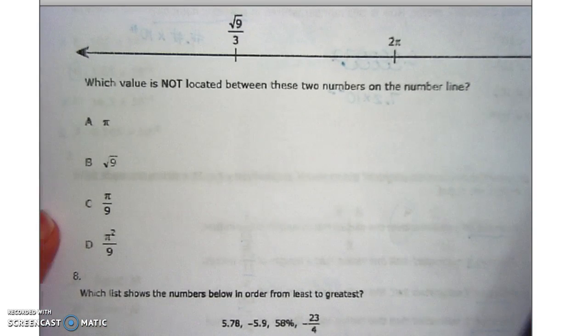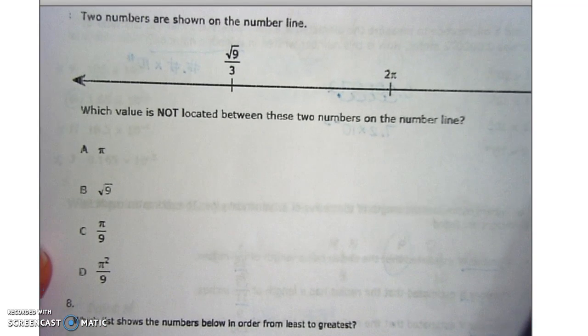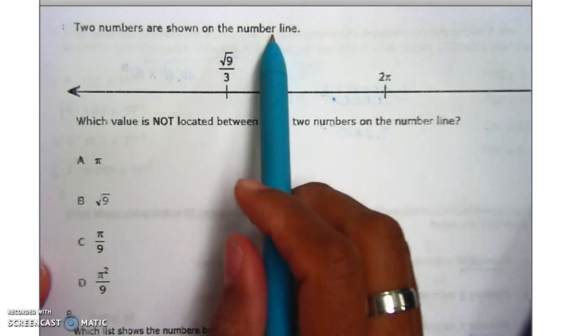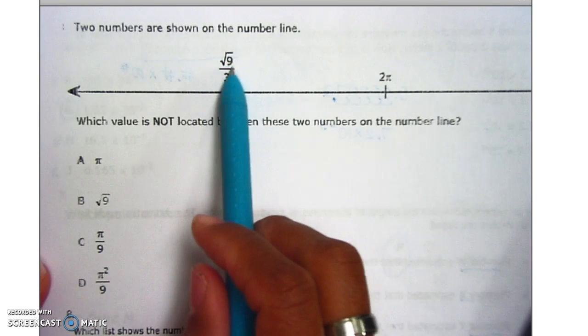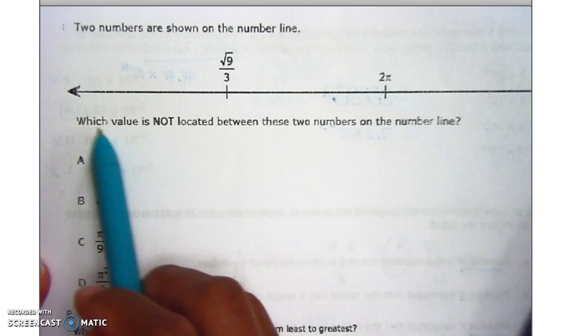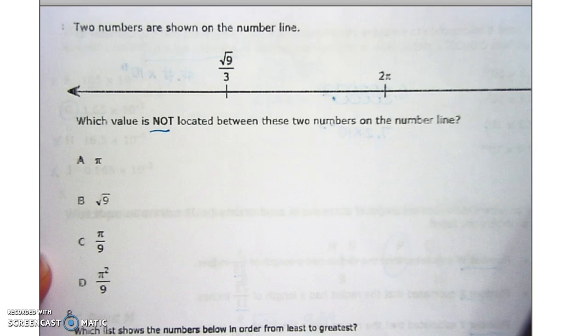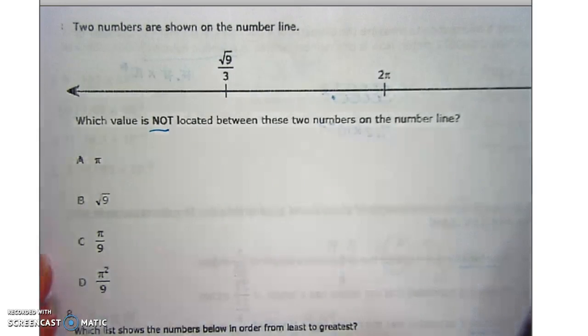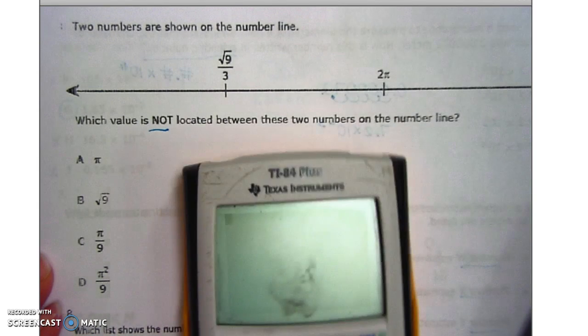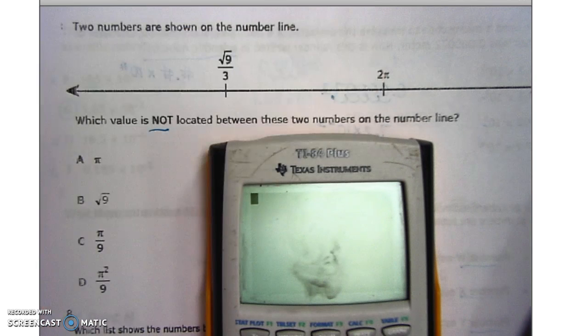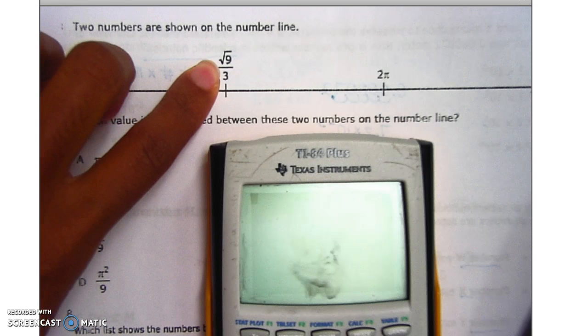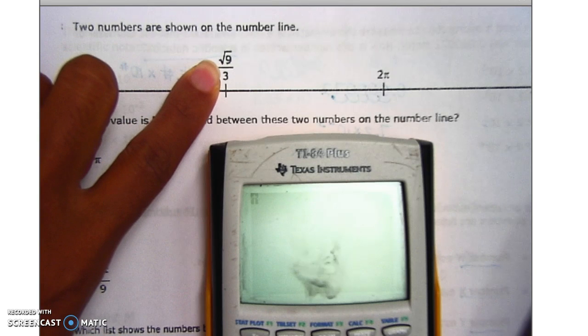Number 7. Which value is not located, or excuse me, two numbers are shown on the number line. You got square root of 9 over 3 and 2 pi. Which value is not located between these two numbers on the number line? So first things first, we have to type in these numbers because we don't know what these numbers are. We have to type them in on the calculator. So again, the square root symbol is only over the 9, so we're going to do second x to 9.